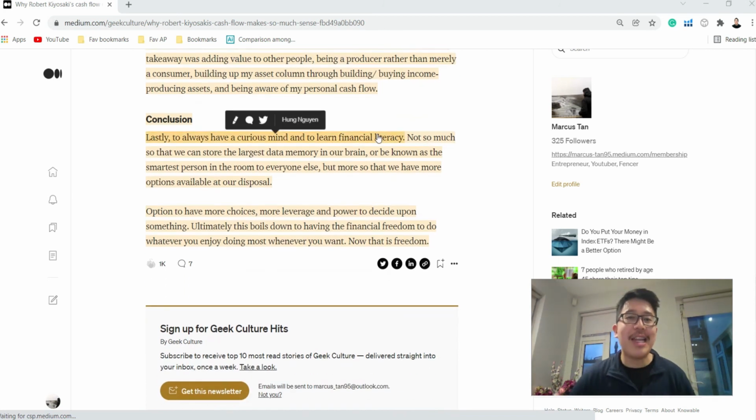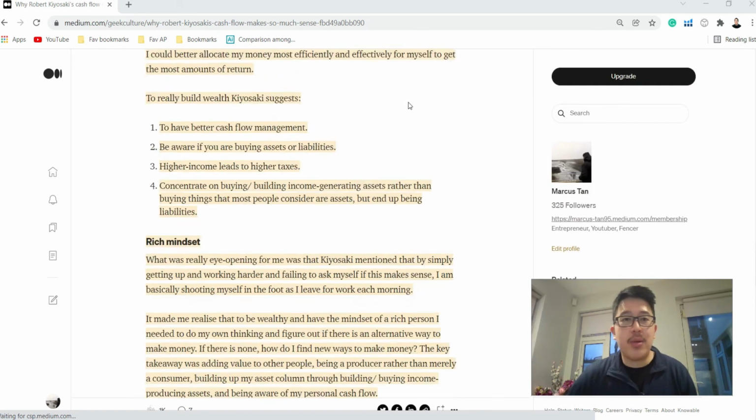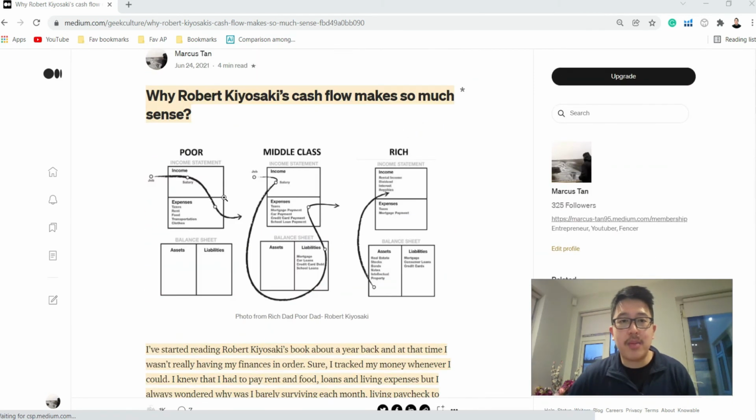So I think at the end of the day, what I've learned from Kiyosaki's book is eye-opening, especially when you look at this chart where he talks about this cash flow, because when you know where your money is going, you can take proactive action to remedy the situation if you're not in a position where you want to be right now.